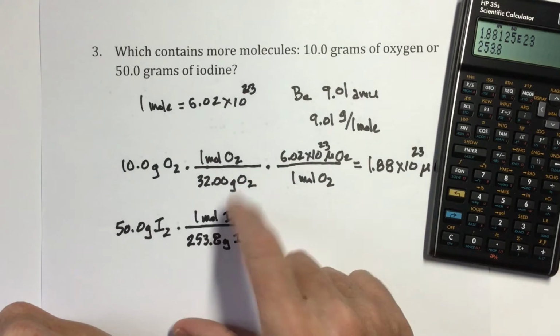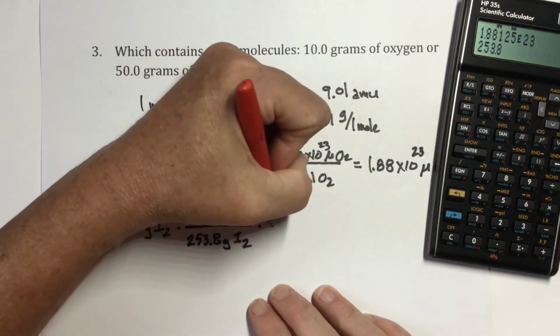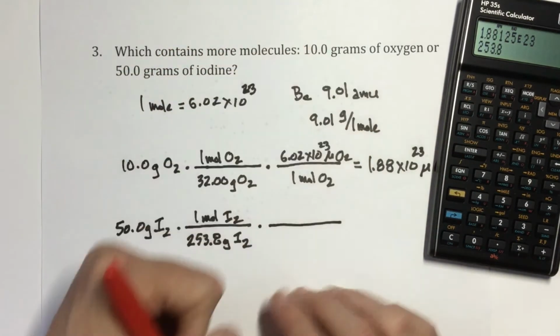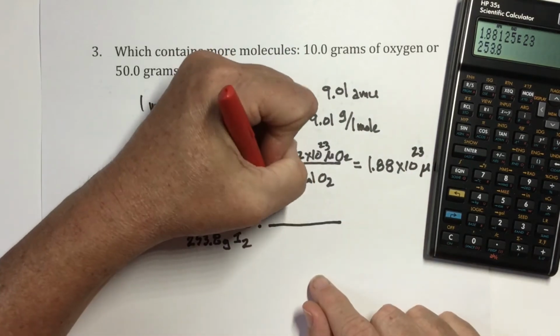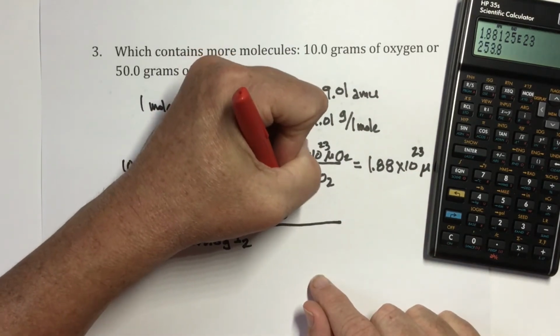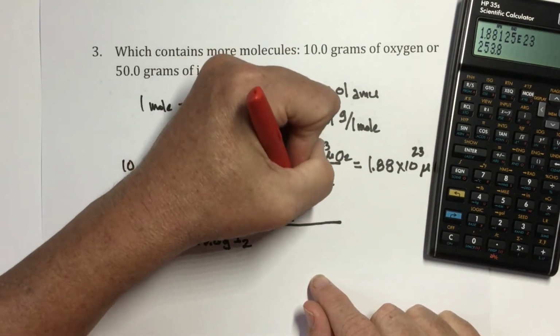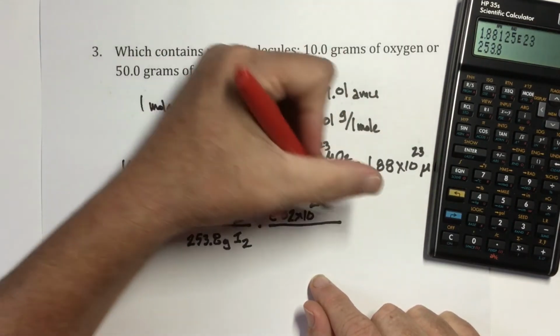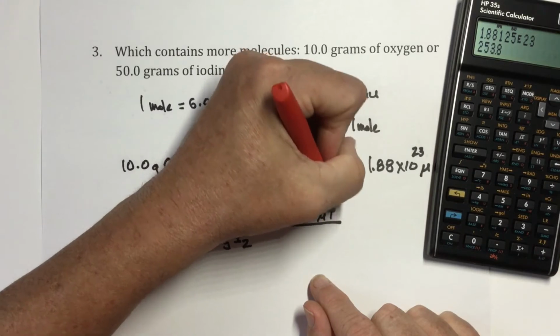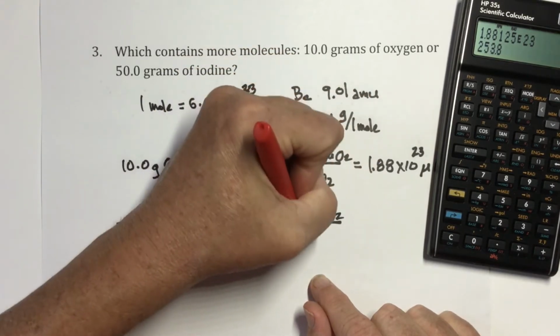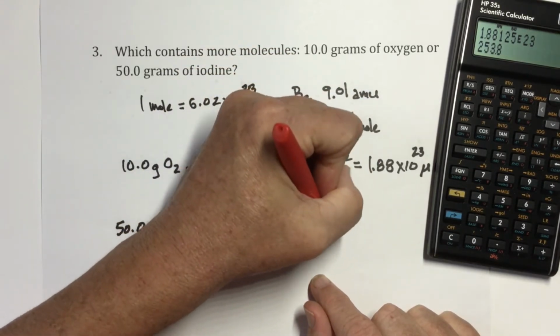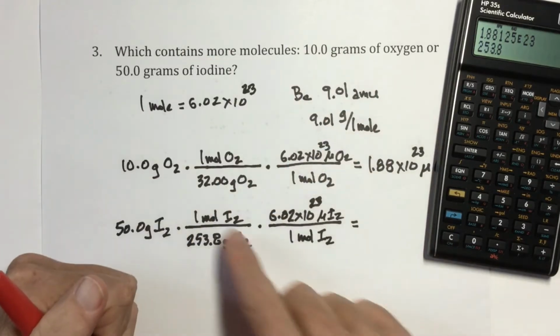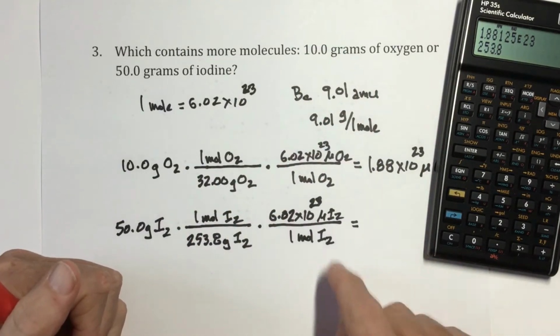Atomic mass represents 1 mole. And again, I wish to convert that to molecules so I can pair them with the number of molecules here. And the number of molecules or particles or atoms in a mole is always 6.02 times 10 to the 23. 1 mole, I2. So there we go. Moles will cancel out, grams will cancel out. I'm left with that.